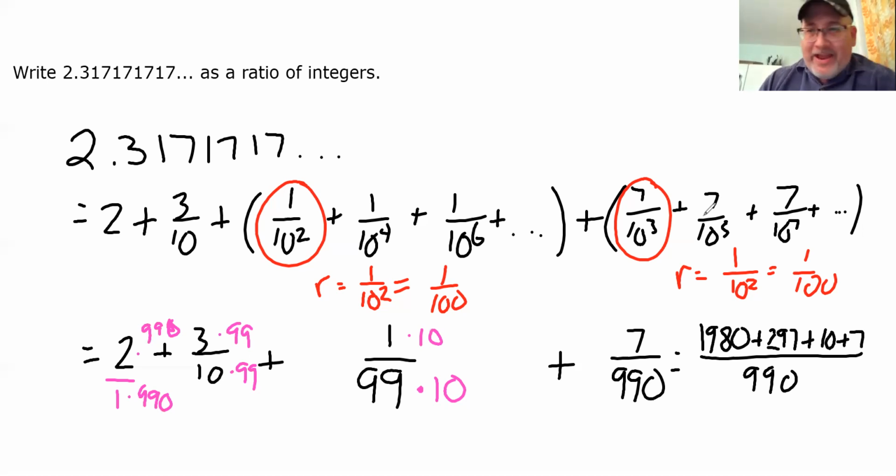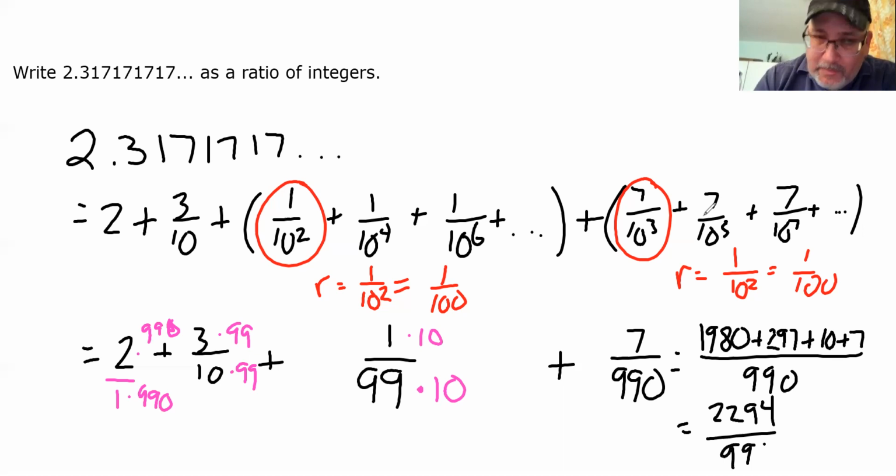So whatever all that adds up to. Funny, I've done everything without a calculator, but I'm getting out a calculator for the addition problem. 1,980. Better make sure that's correct. Yeah. Plus 297 plus 10 plus 7 is equal to 2,294 over 990. So we've successfully written the repeating decimal as a ratio of integers.